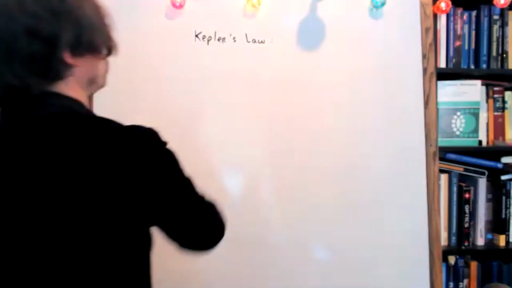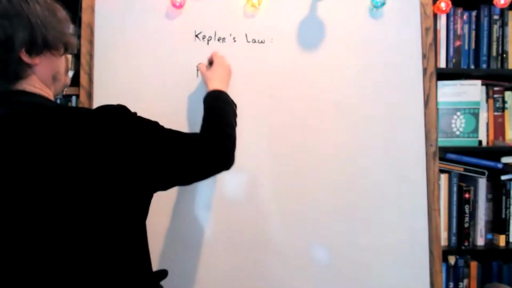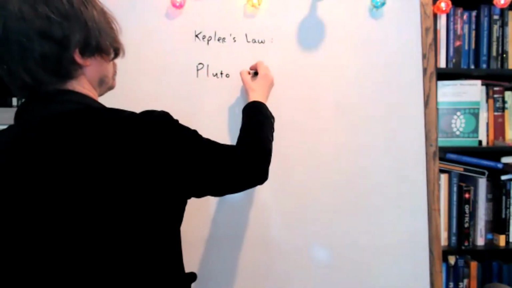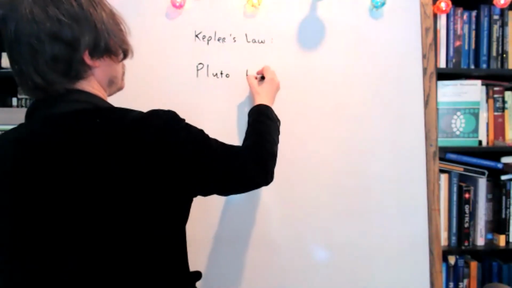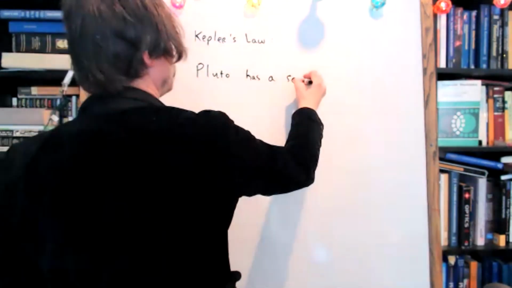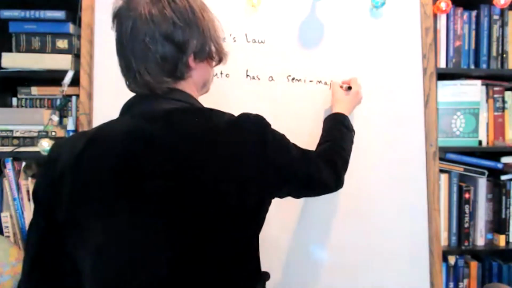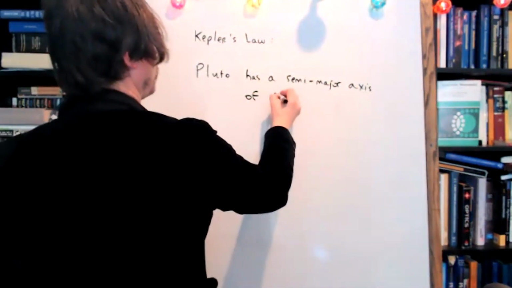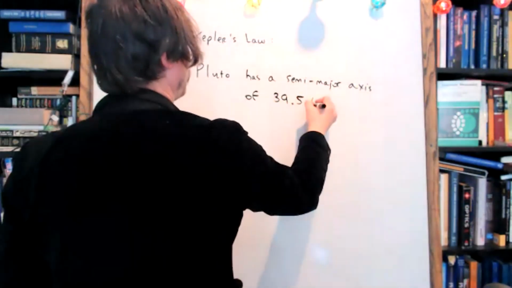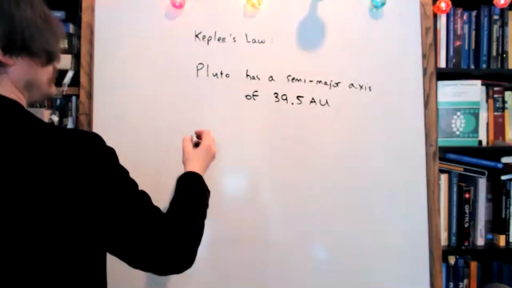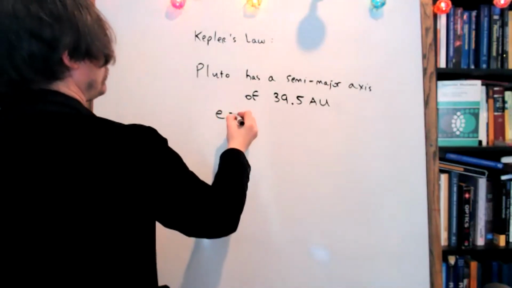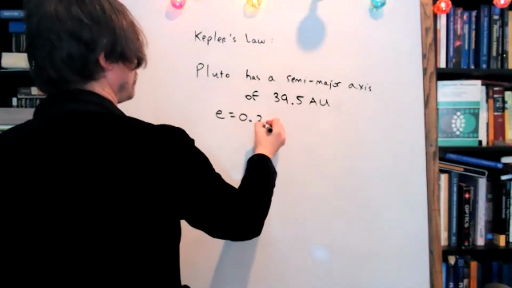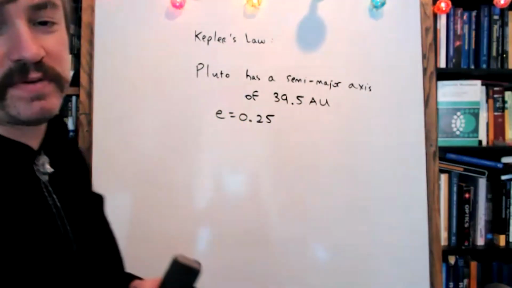So we'll try this. Pluto has a semi-major axis to its orbit of, I believe, 39.5 AU. Its eccentricity is, I think, 25%.